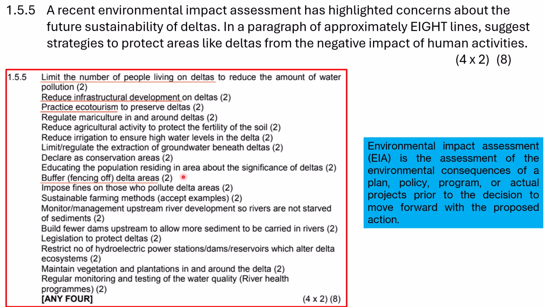Buffering or fencing off the delta area, this is an aspect that is dealt with in the GIS section of the question paper. However, a delta can also be buffered in order to protect itself from the negative impacts of human activities. Feel free to read through all of the other solutions and take some time to remember them for future use or future reference.